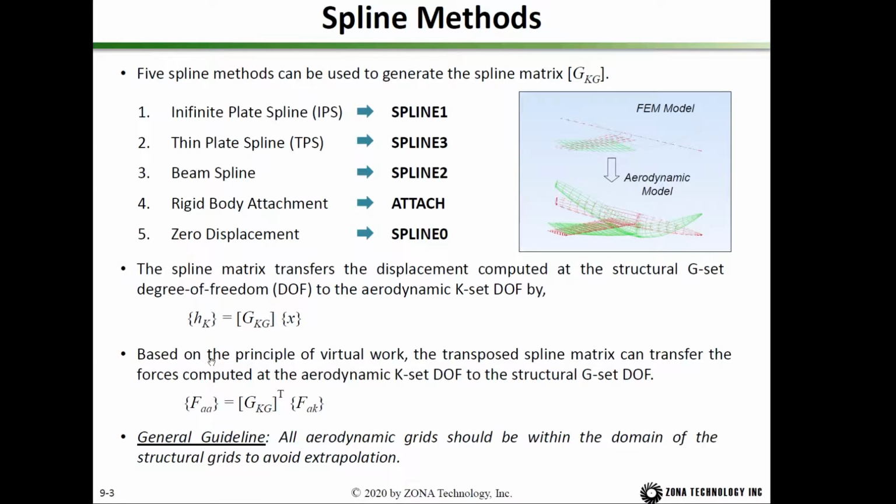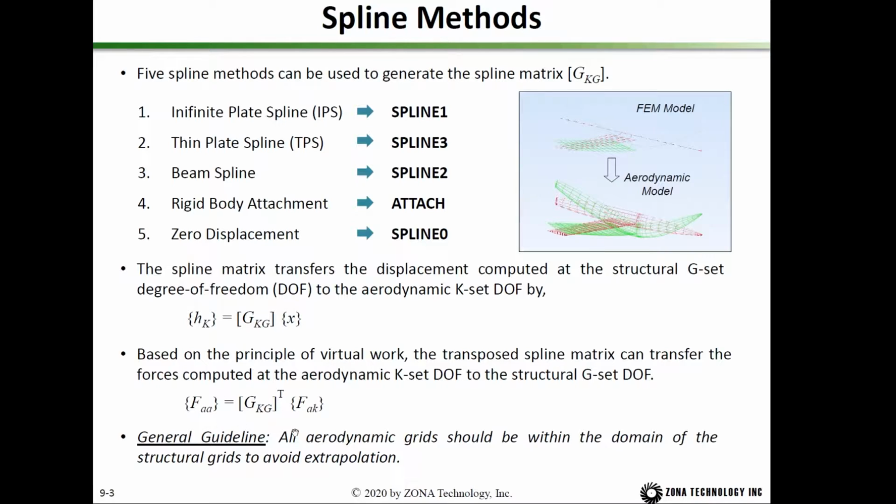Also, based on the principle of virtual work, one can prove that the transpose spline matrix can transfer the forces computed at the aerodynamic K set to the structure G set. So if you have aerodynamic forces computed on the aerodynamic K set, use the transpose of the spline matrix, you can transfer the forces to the structure G set degrees of freedom.